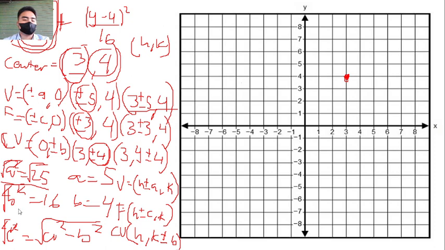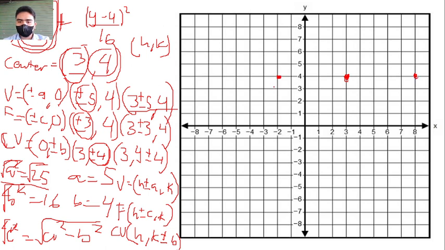Let's just say, you're going to have the vertices. 3 plus 5, the answer is 8. So, this is your vertices. Okay. Then, 3 minus 5, the answer is negative 2. So, this is your vertices.